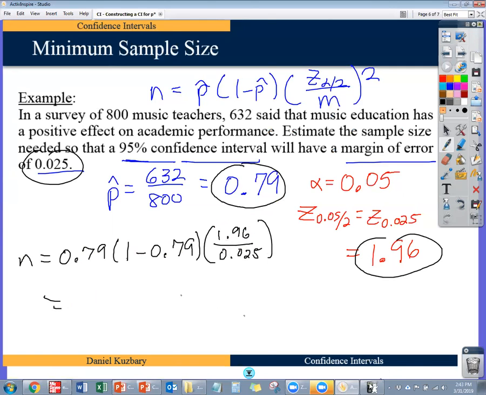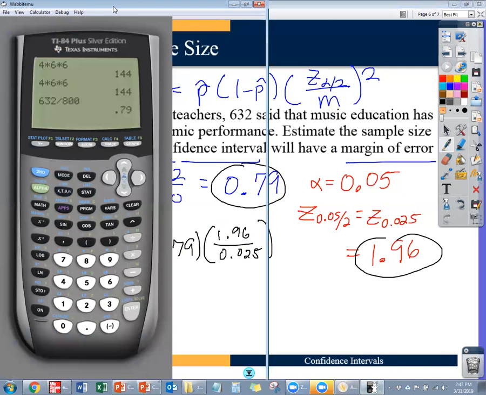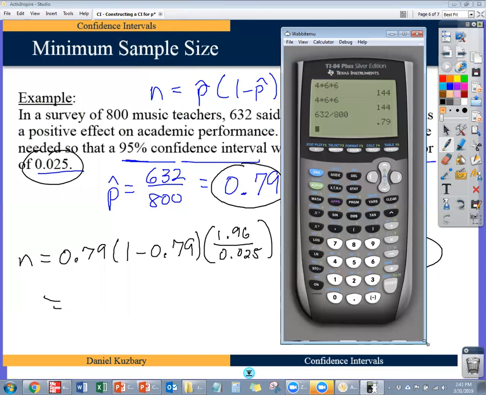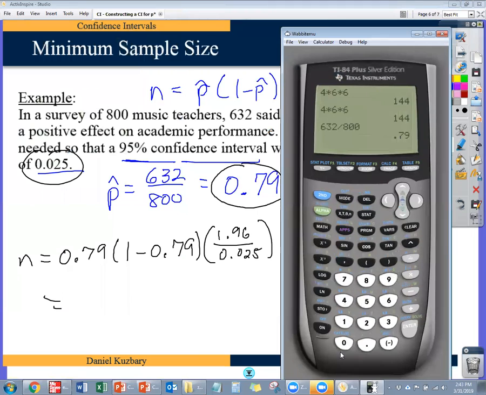So I'm going to type all this into my calculator, putting parentheses where they're supposed to go. So I'm going to do 0.79 times 1 minus 0.79. And then the next part I'm going to put in parentheses too. The 1.96 over 0.025. I close parentheses and I hit the square button. It should just square that thing.